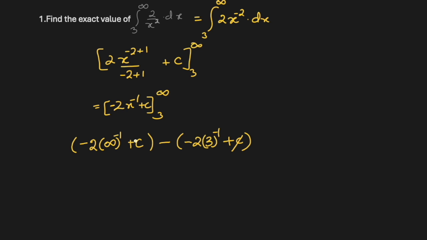First thing we should do, cancel c, it is part of both. Now this becomes minus 2 over infinity plus 2 over 3, and anything divided by a very large number is almost 0, so we can ignore this. Answer will be 2/3.